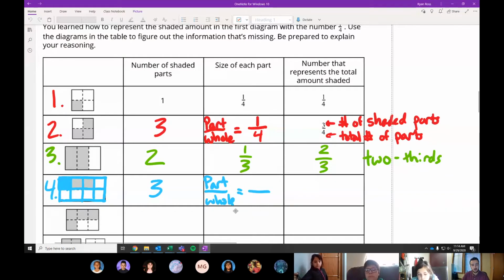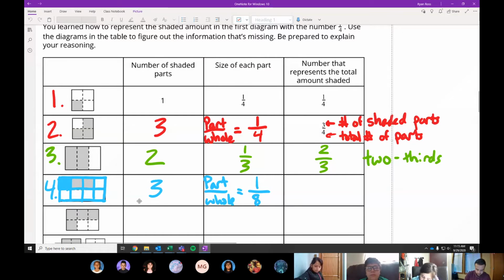So when we have our part over whole for our fraction, we would put 8 on the bottom because the whole thing is made up of 8 parts. So there are 8 pieces that make up the whole shape. So when we're making our fraction, we have some number over 8 because there are 8 pieces in our rectangle. Now, how many are shaded in blue, Malia? 1. 1, right? So we have 1/8 is the size of each individual part.